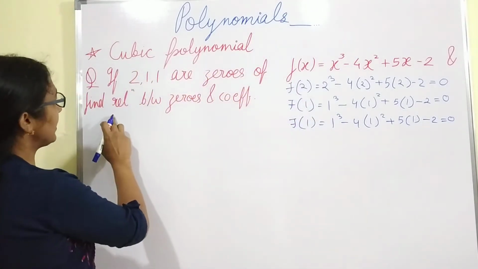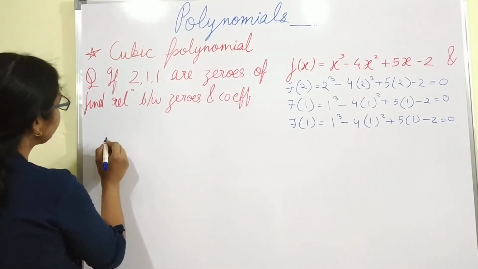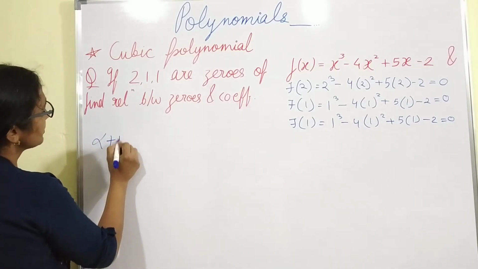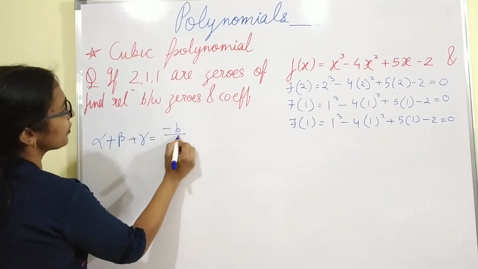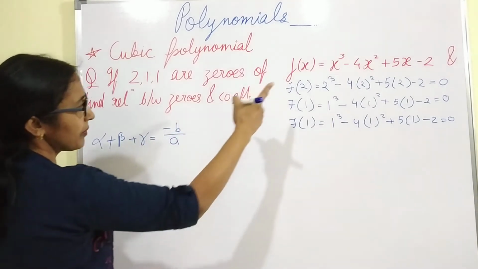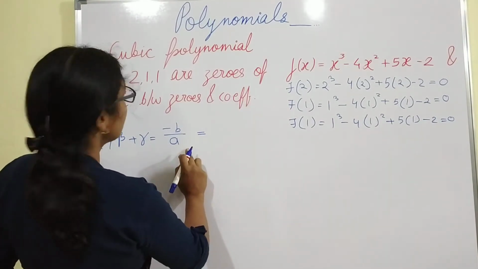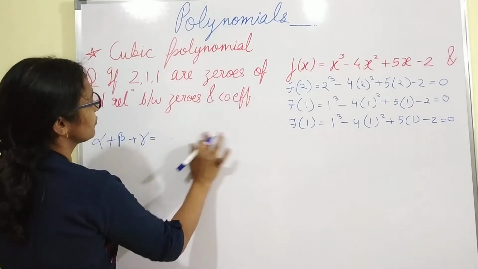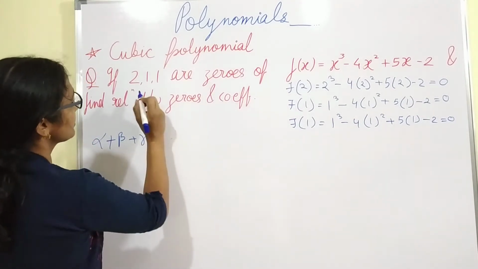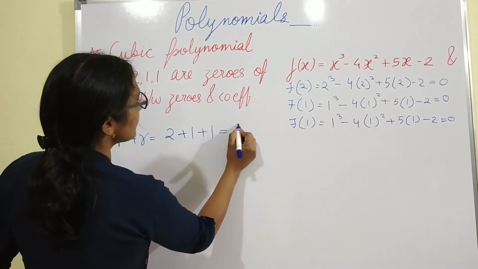Now we have to find the relation between zeros and coefficients. The sum of the zeros is minus b upon a. First we find the sum of the zeros, which means 2 plus 1 plus 1, so it is 4.